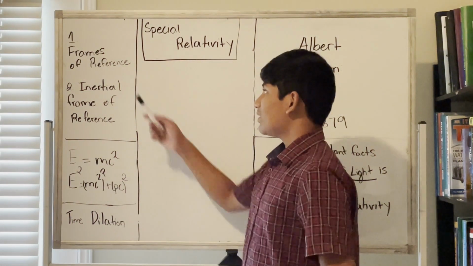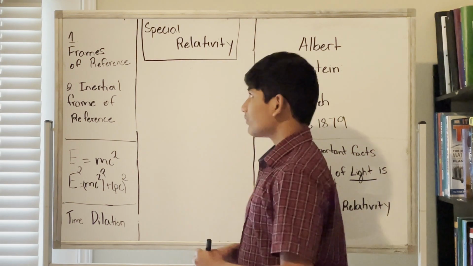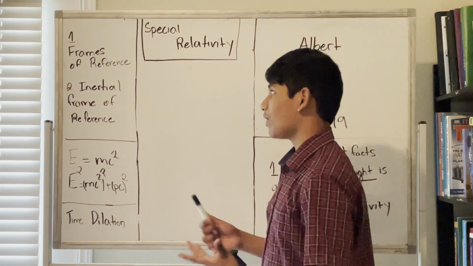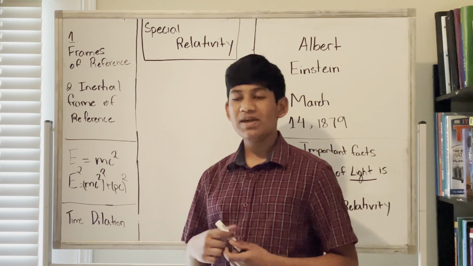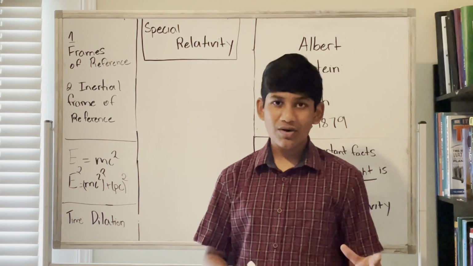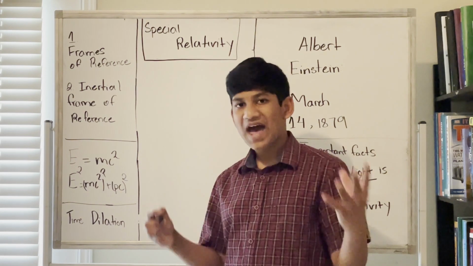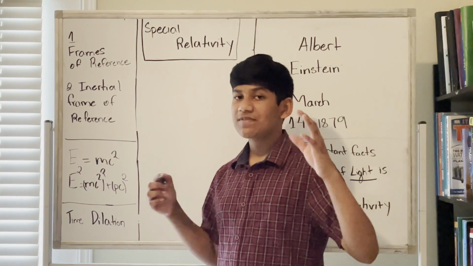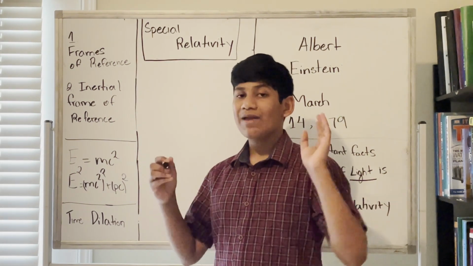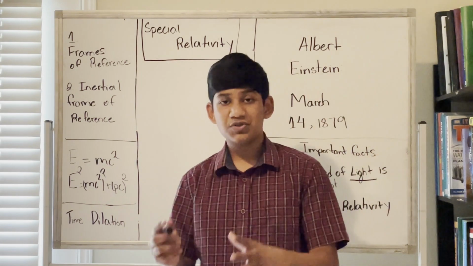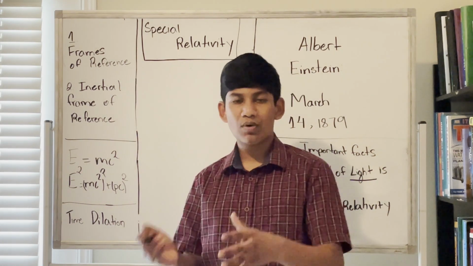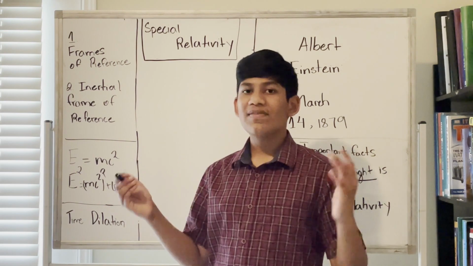Okay, next we have the frame of reference. Frames of reference are essentially when we have specific boundary conditions, a specific place or area, or coordinate systems, axes, or whatever, and we can measure an object relative to that boundary or coordinate system. That's a frame of reference.